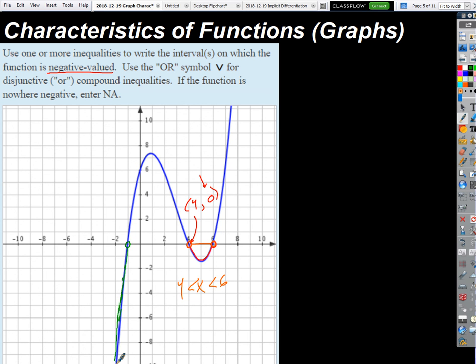Now if I were to squeeze that infinite interval where the ant is below the x-axis onto the x-axis, wouldn't it end up just looking like this? I'm going to get an open endpoint and then it's just going to extend to the left of that forever. Everybody agree?